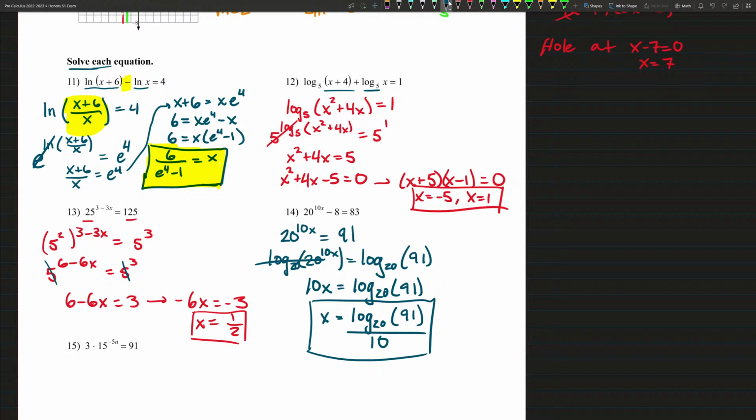If you do not know how to do that type of problem, think about operations on x. The very first thing that happens to x in this problem is multiply by 10. Then 10x is being taken as a power of 20, so exponent of 20.